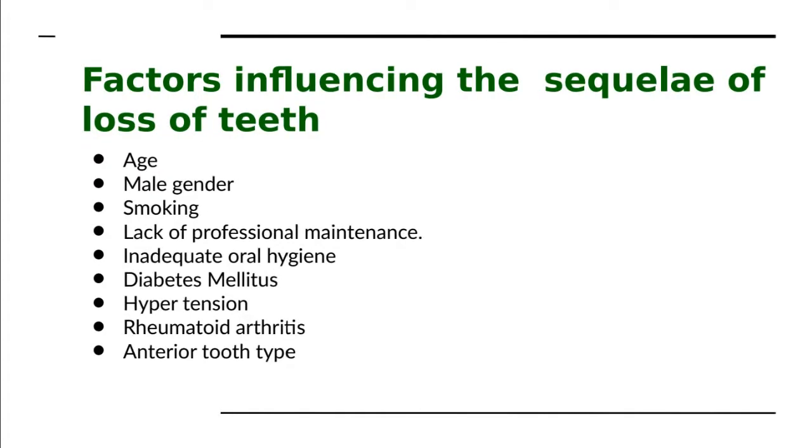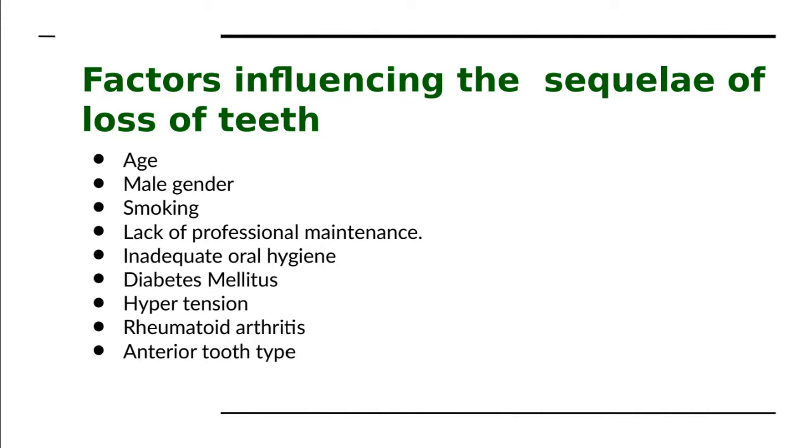And what are the factors which influence the sequelae of loss of teeth? There are many factors like your age and gender. In males, the tooth loss is more when compared to females. Smoking is one habit which is more in males when compared to females.